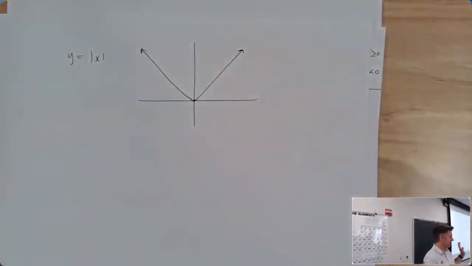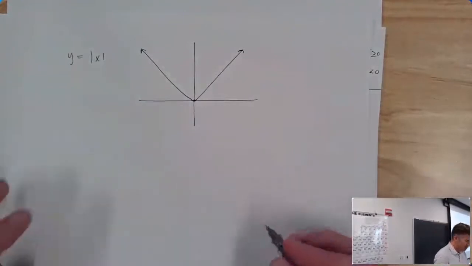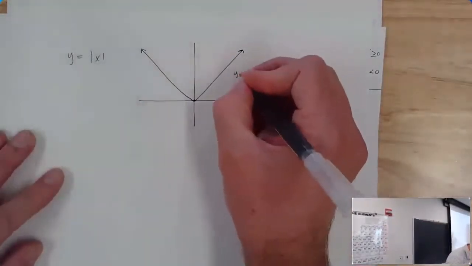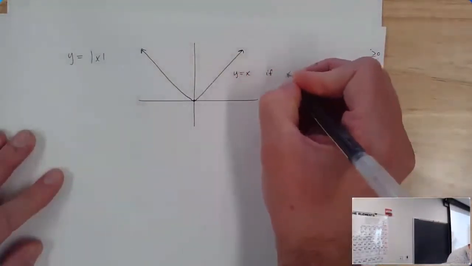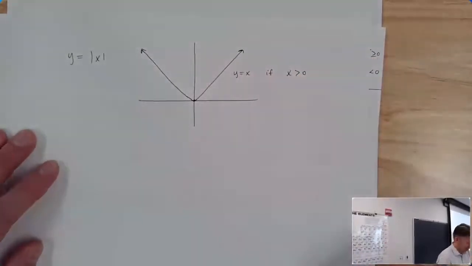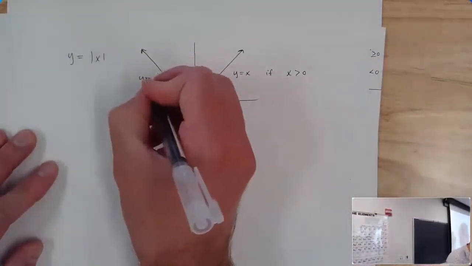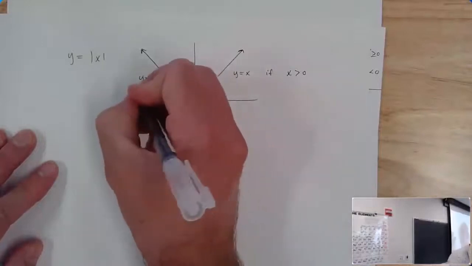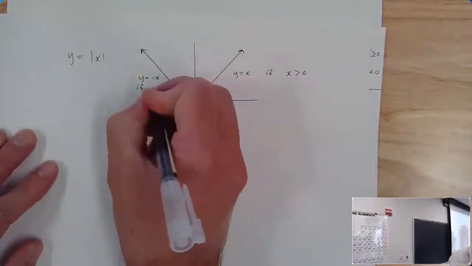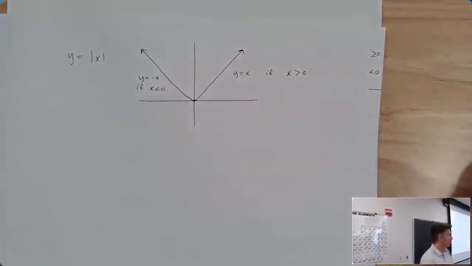Right, everyone agrees that's what the absolute value function looks like. But look, this is the piecewise function. y equals x if x is positive, and this line here is y equals -x if x is on the left side. That's all we're doing: we're taking our input that we know happens to be a negative number and saying we need the negative of that to turn into a positive number.